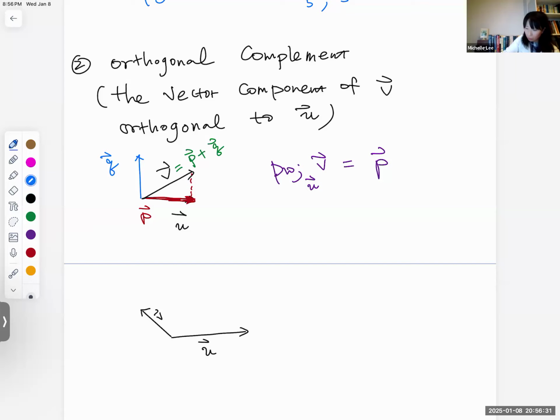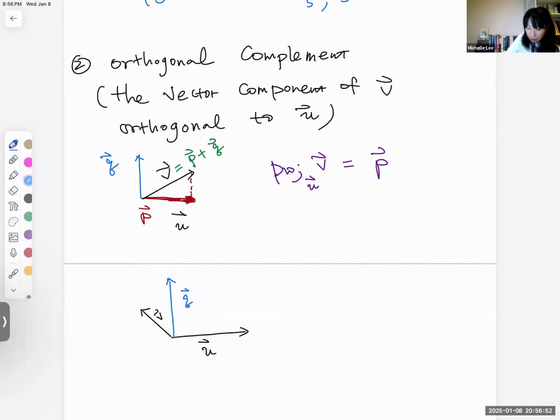Now from the vector V, we make a projection onto U, right?